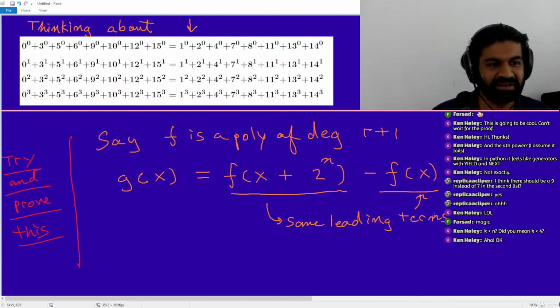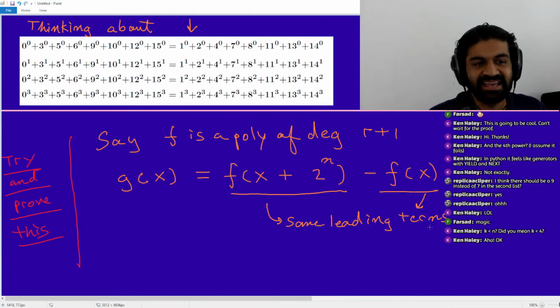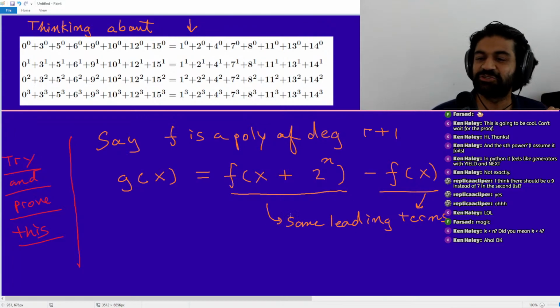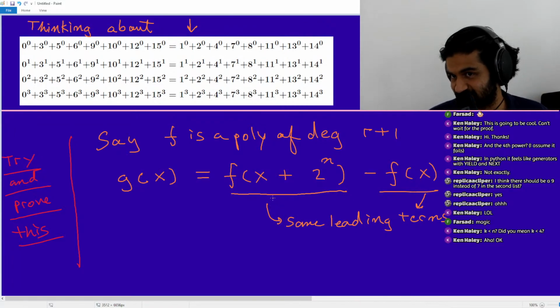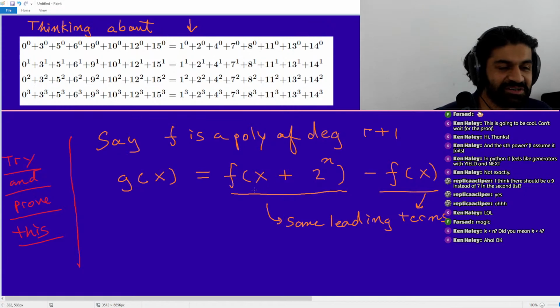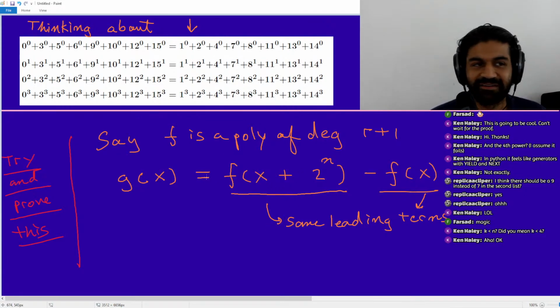These two have the exact same leading terms, so their difference should have no leading term. Their difference is going to be a polynomial of degree r.